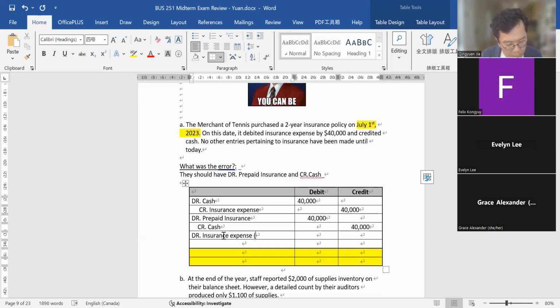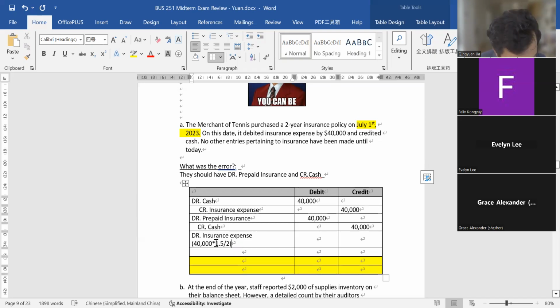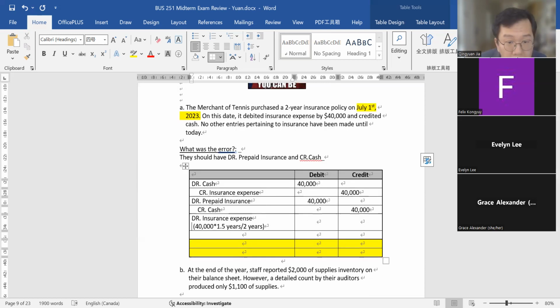And we have to do a little bit of calculation because we paid 40,000 back then, and 1.5 years has already passed out of these 2 years. Right? This is 30,000.